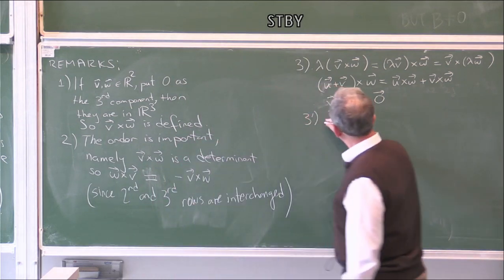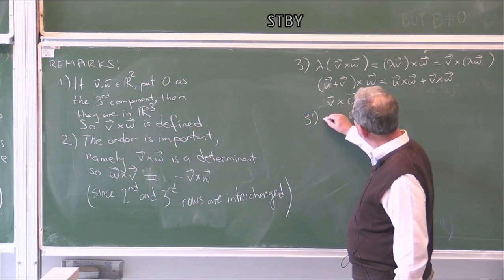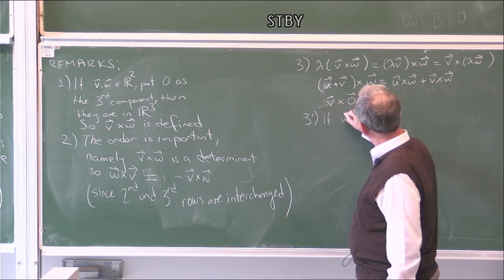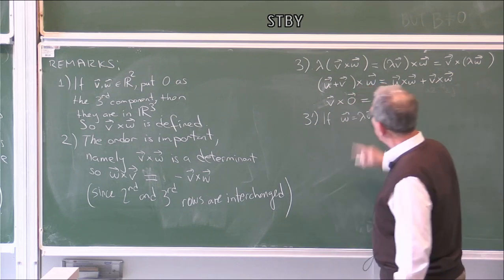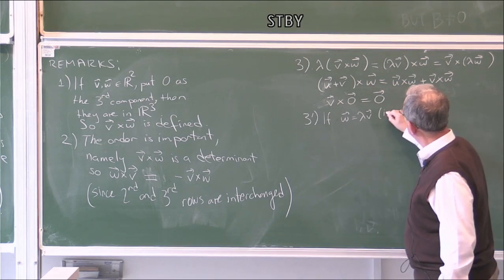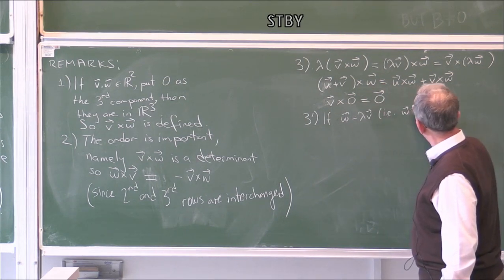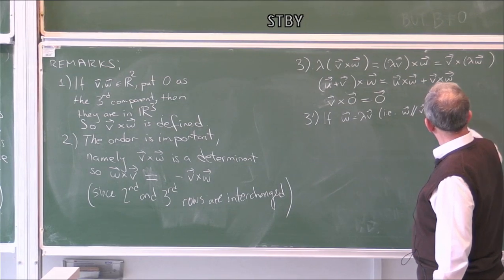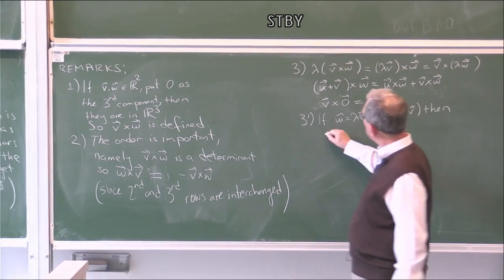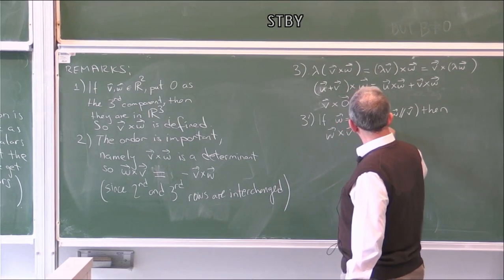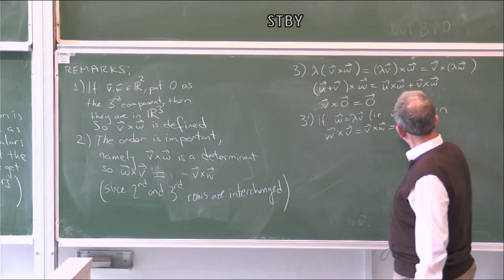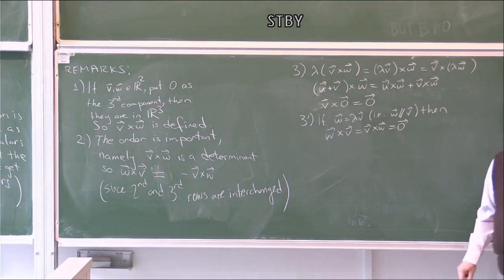Namely, if W is a multiple of V, that is, if they are parallel, then their cross product is 0.